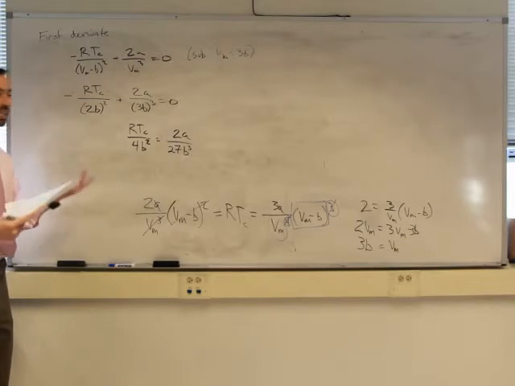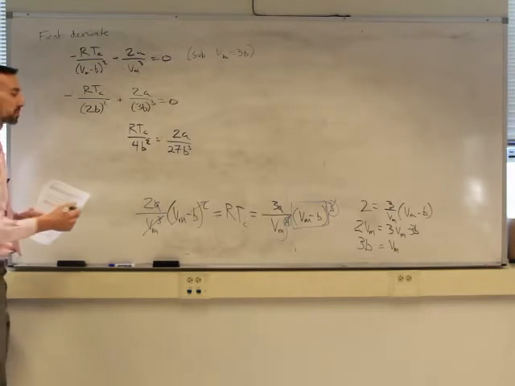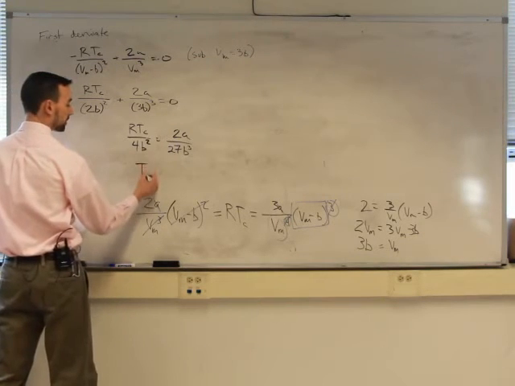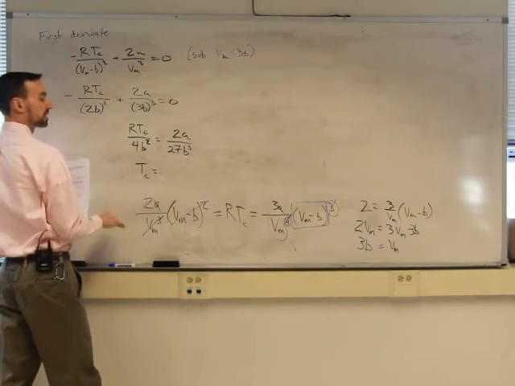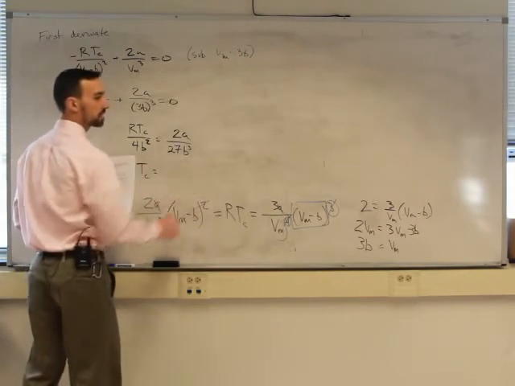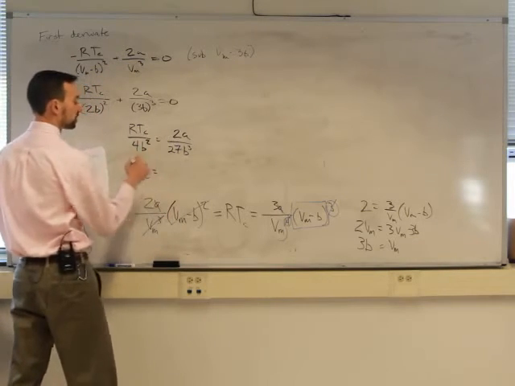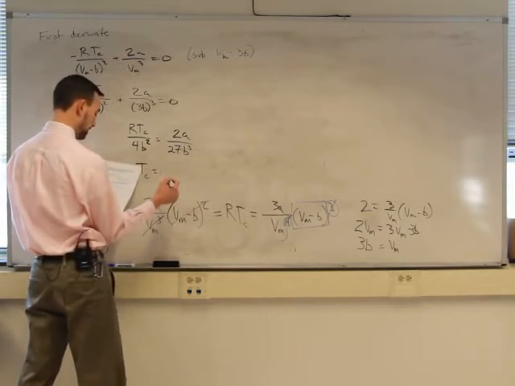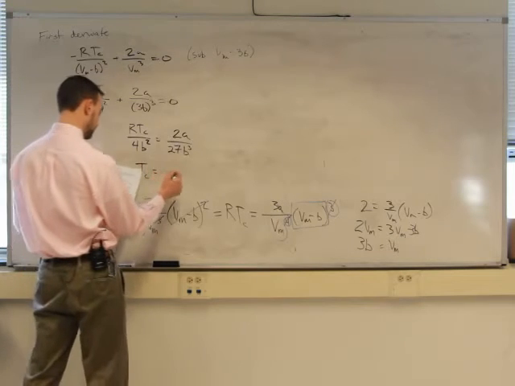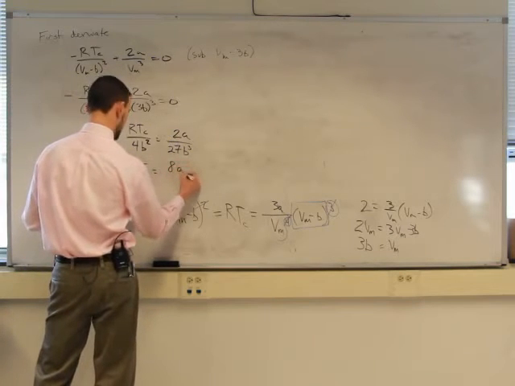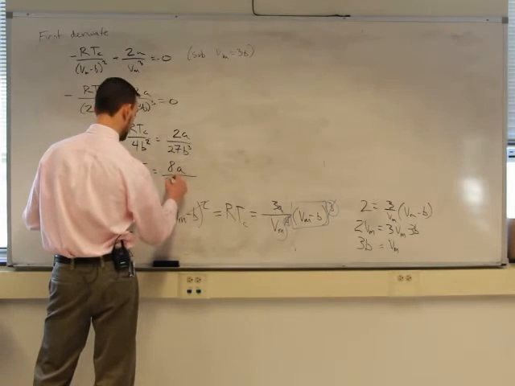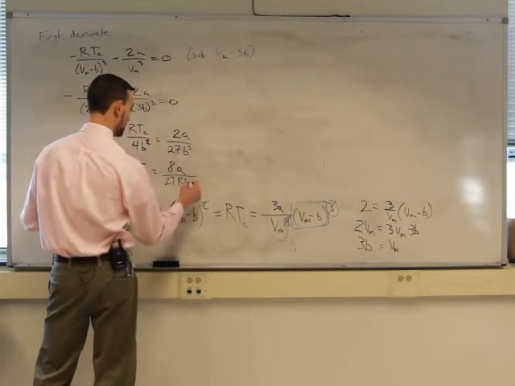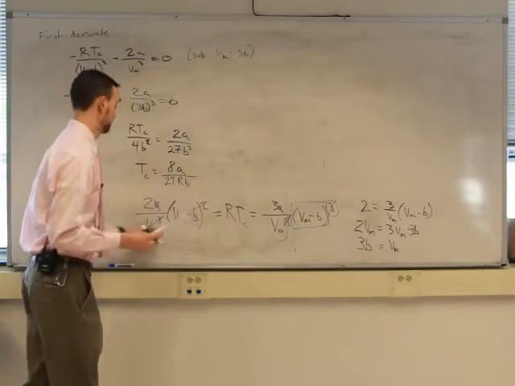Now, this isn't getting me a whole lot closer to my answer right now. What I'm going to do is solve for the critical temperature, because critical temperature shows up in a couple of different places. So the critical temperature in terms of these variables would end up being 8a divided by 27 R and b.